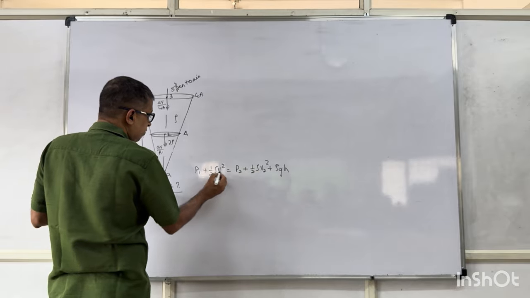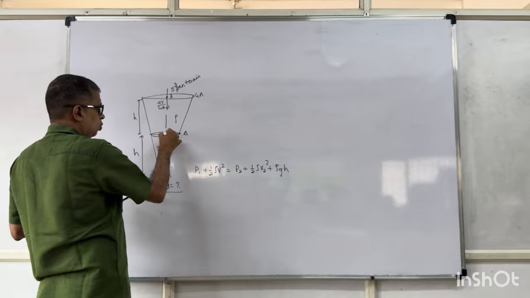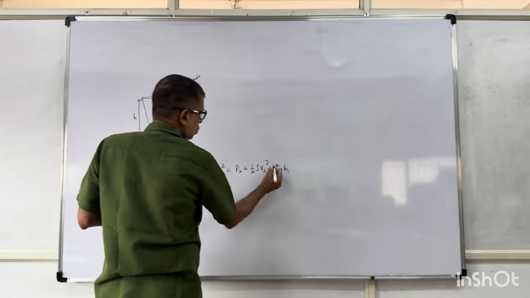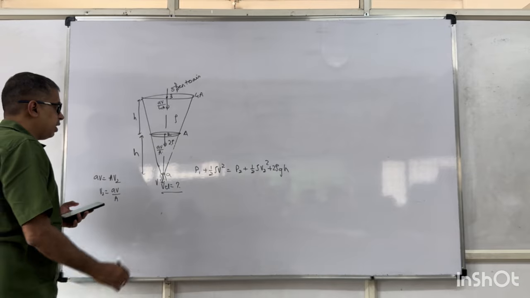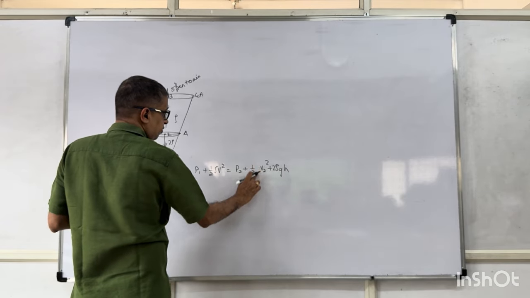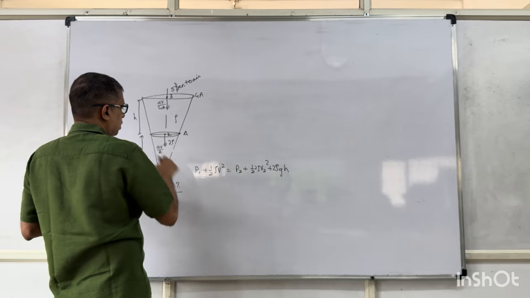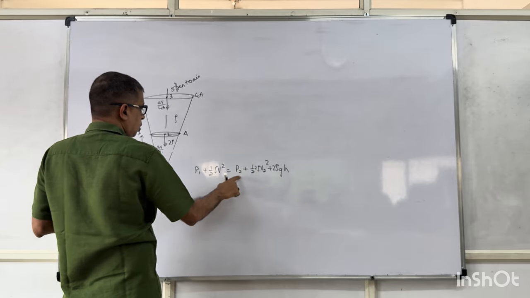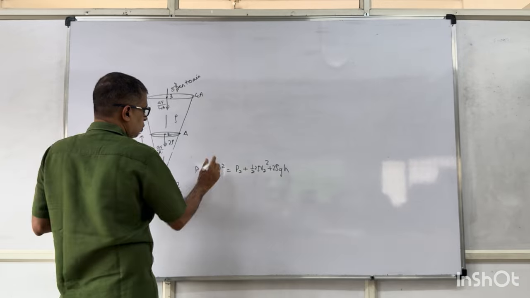Now, pressure at 2, 2 rho g h, right? And half here also it will be 2 rho. Pressure at 1 also will be 2 rho.